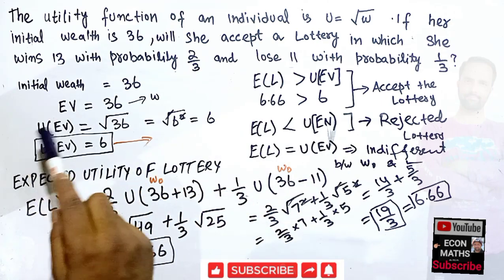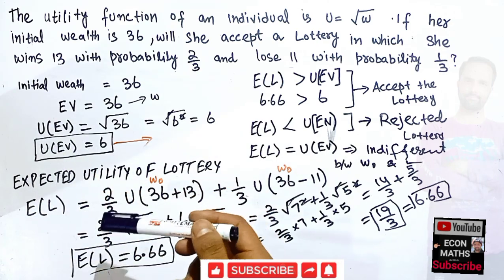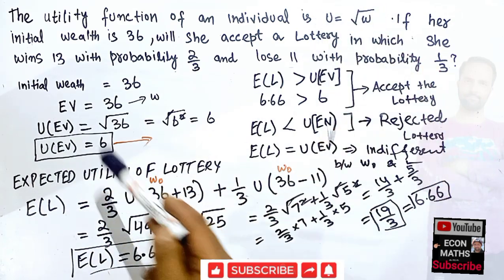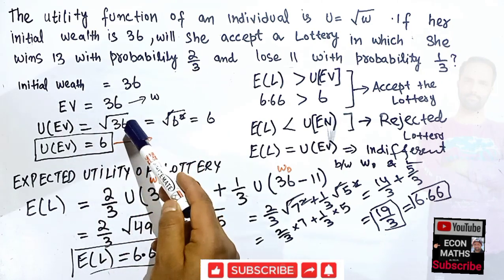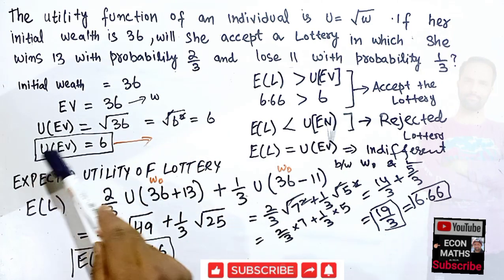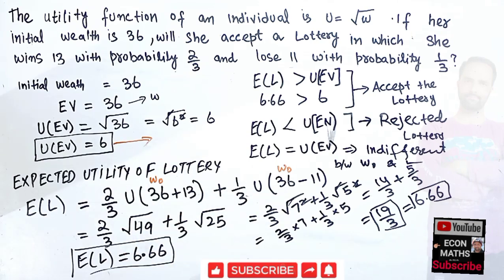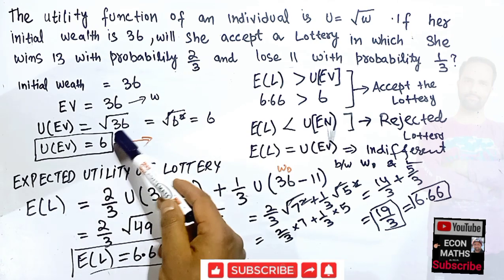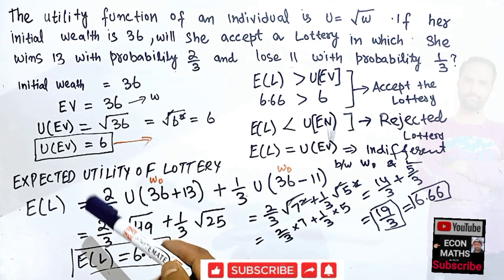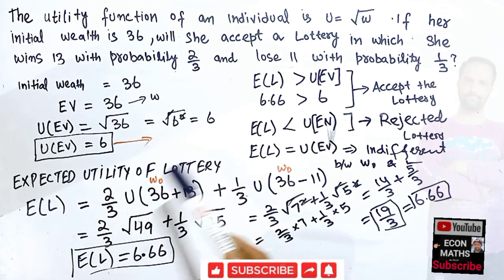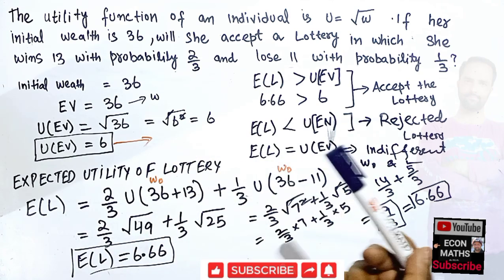Now the utility of expected wealth can be found. Since we have the utility function, just plug the expected value into it, and we get the utility of expected wealth, which came out to be 6. Then we compare this with the expected utility of the lottery.